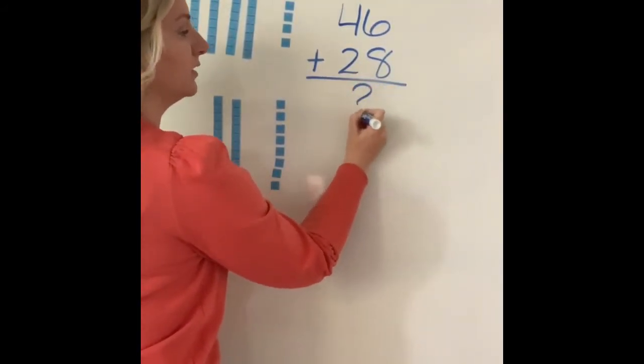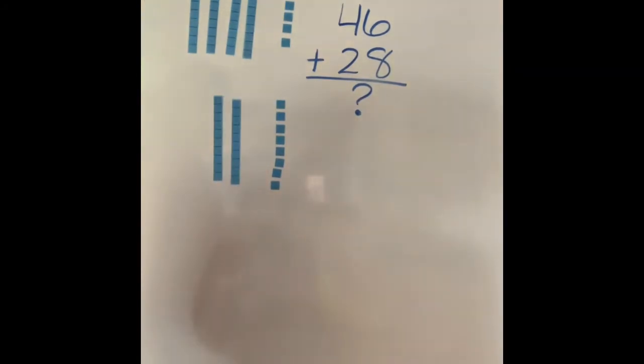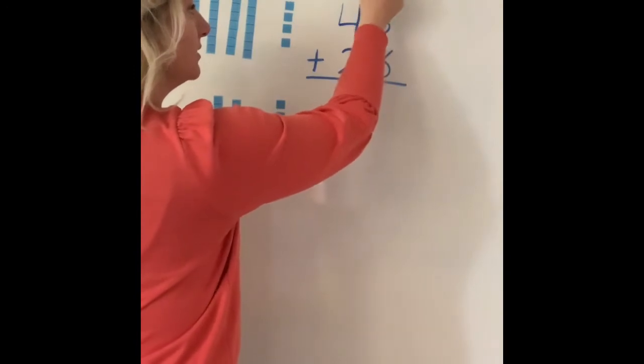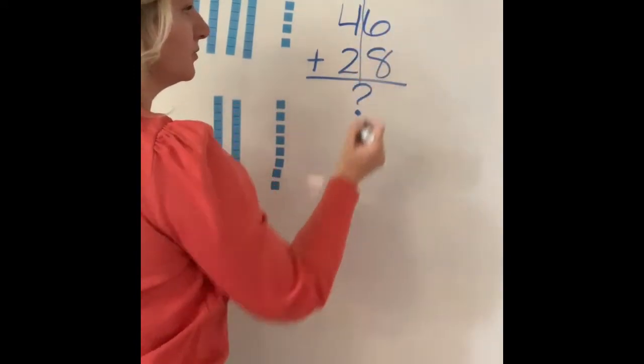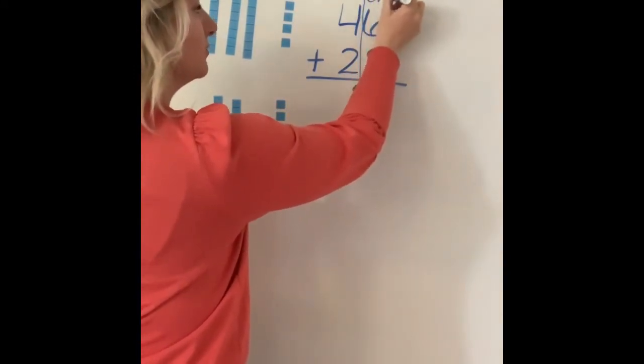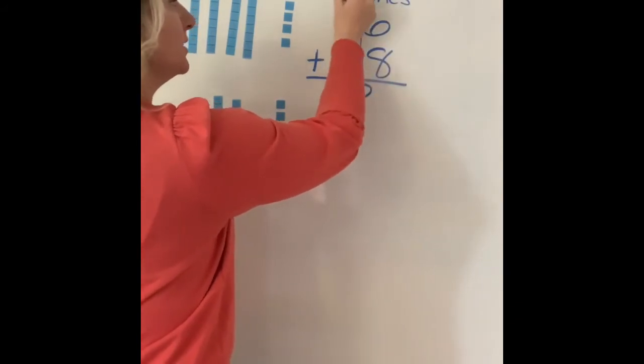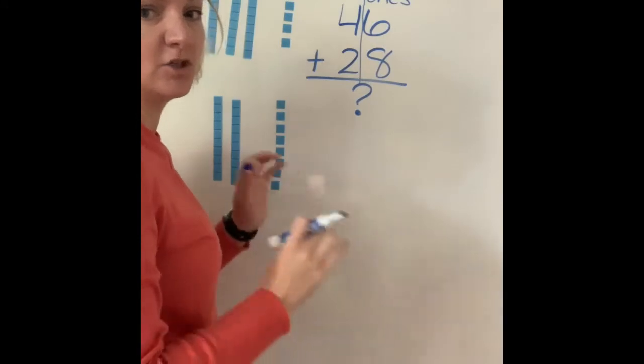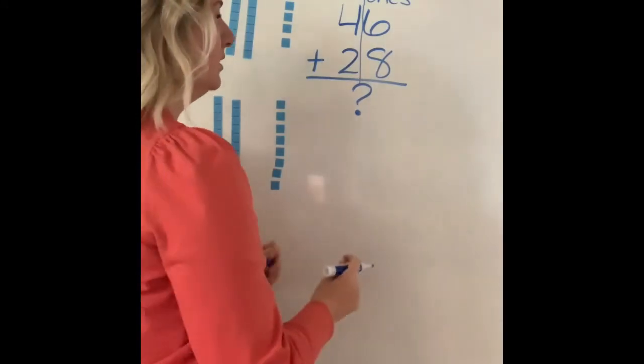So we're trying to figure out this answer. What we're going to do is start by adding your 1s. We're going to split this line right down the middle so we know where our 1s place is and our 10s place. And we're going to just add the 1s and just add the 10s separately.